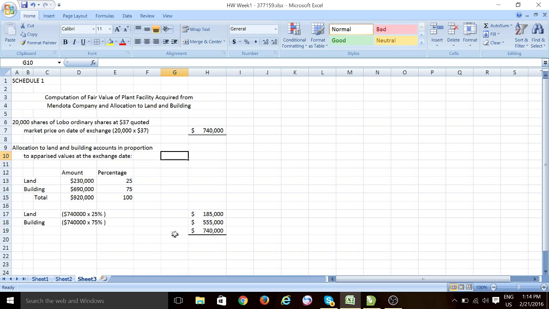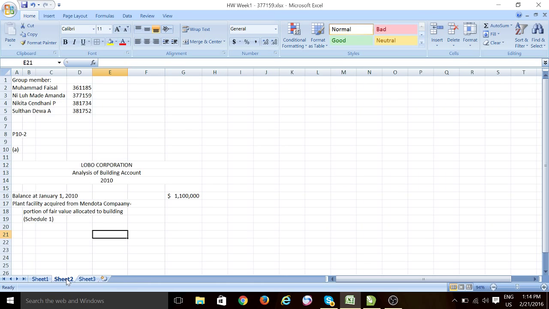The building will cost $555,000 in fair value.